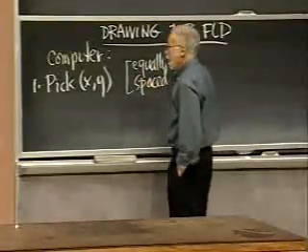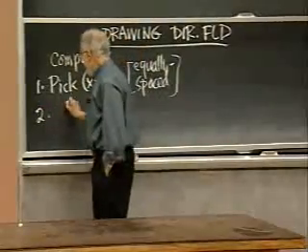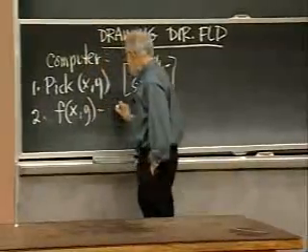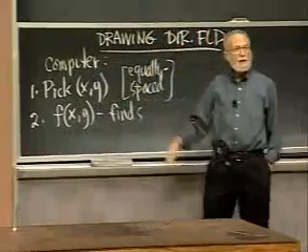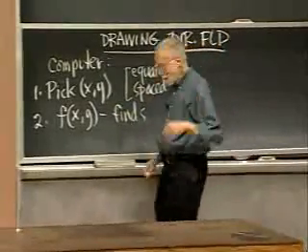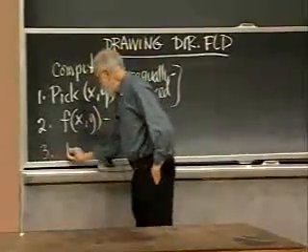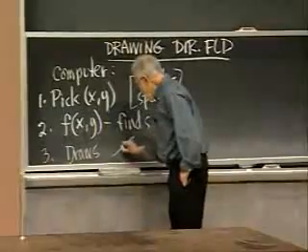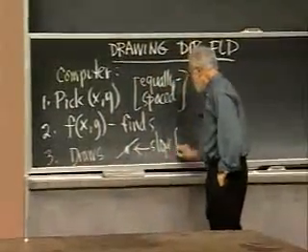And at each point, it computes f of x, y, the value of that function. And the next thing is, on the screen, it draws at (x, y) the little line element having slope f of x, y.